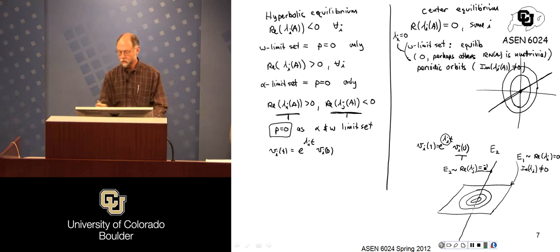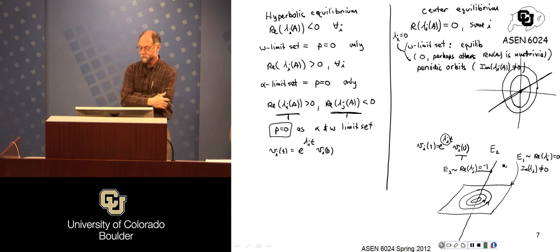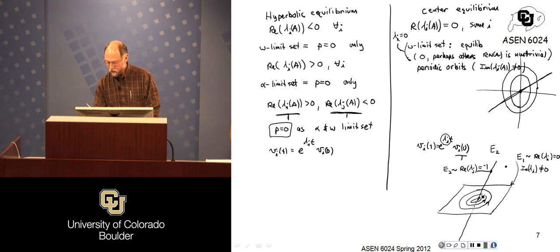Okay? So now, if I start up, and let's suppose these things are going this way. If I start out up here, what happens? Well, I could break this initial condition down into a component in the eigenspace E2 plus a component in the eigenspace E1.